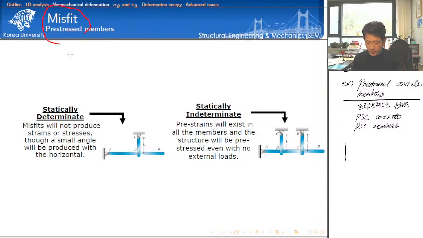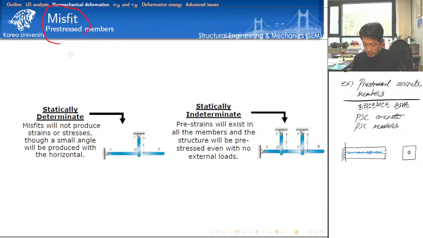So now let's talk about a member here. I have support, so still I want to consider a one-dimensional member, and then I have a member here, but I made a hole. This is the side view. I have a hole here, okay? So in the hole, I put a tendon. But not to the surface of this member.